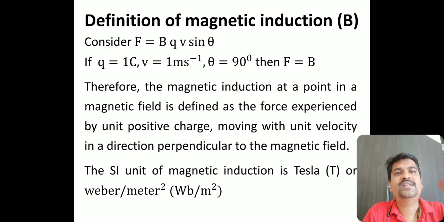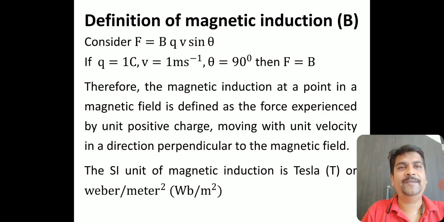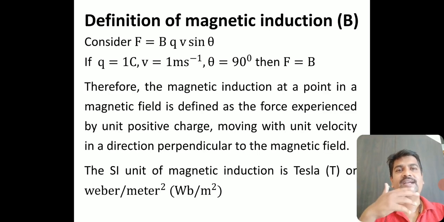If the charge is 1 coulomb and the velocity of the charge is 1 meter per second, and the velocity makes an angle theta of 90 degrees with the magnetic field, then force is equal to B, or B is equal to force.